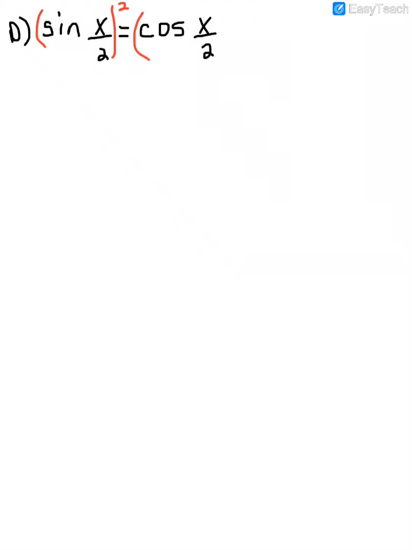If I square both sides of this equation, this is the same as sine squared x over 2 is equal to cosine squared x over 2.